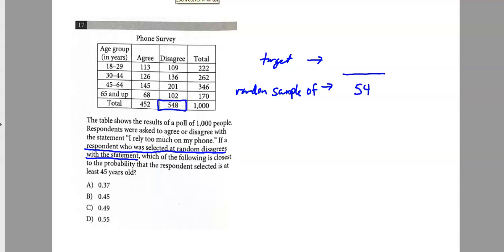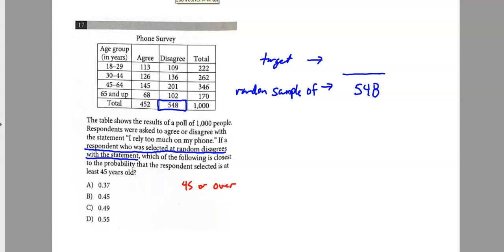Those are the only names we're picking randomly from. So if a person selected at random disagrees, what's the closest to the chance that they are at least 45 years old? Well, at least 45 means 45 or over.